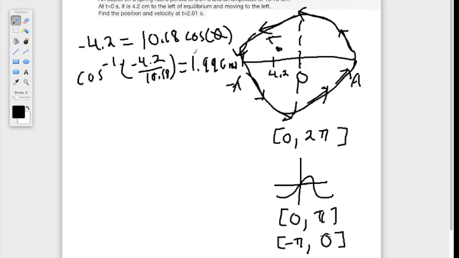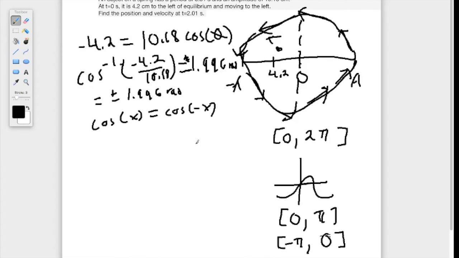And also, this is not just 1.996 rads, it's plus or minus, because remember, cosine is an even function, so plus or minus 1.996 rads, because cosine of x equals cosine of negative x.